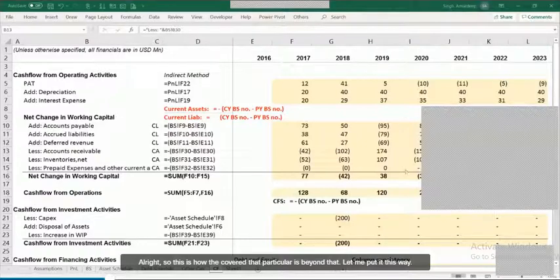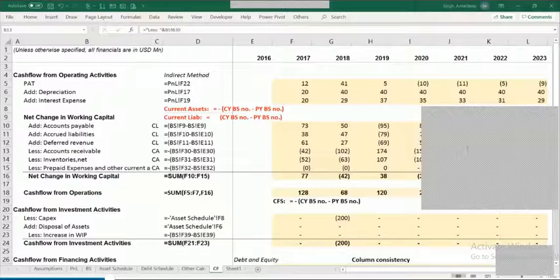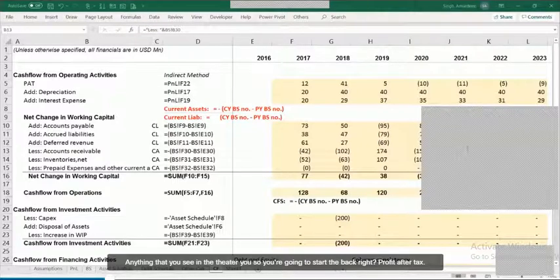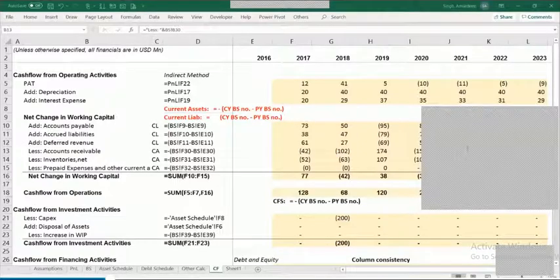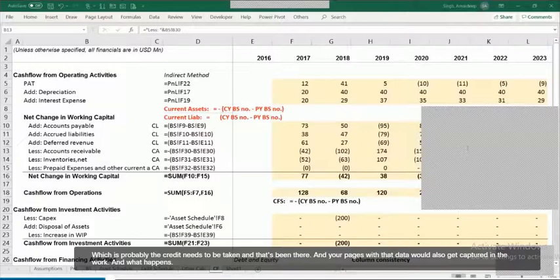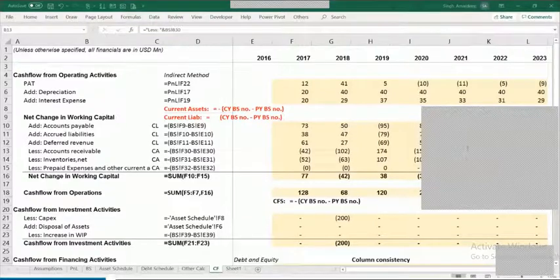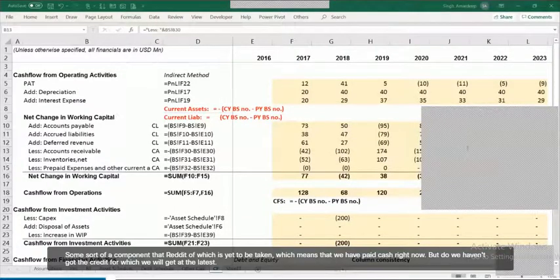Swayan, let me put it this way: anything that you see in the P&L, you're going to start with the PAT figure, profit after tax. And if there is any item in the form of an indirect tax receivable, the credit of which needs to be taken and is still pending, and you've paid it, that delta would also get captured in the working capital. Sometimes there is a GST receivable component, the credit of which is yet to be taken, which means that we have paid cash right now but haven't got the credit for it, which we will get at a later stage.